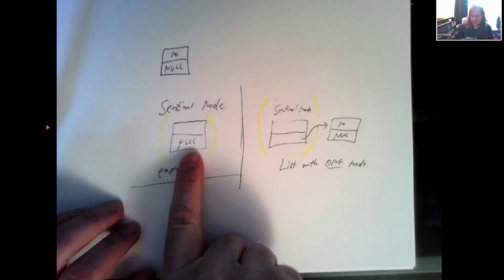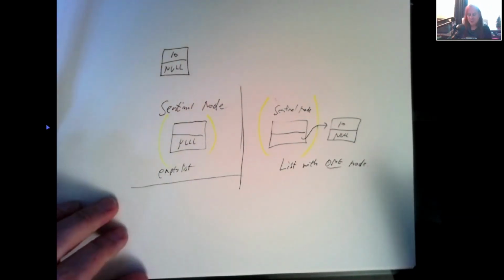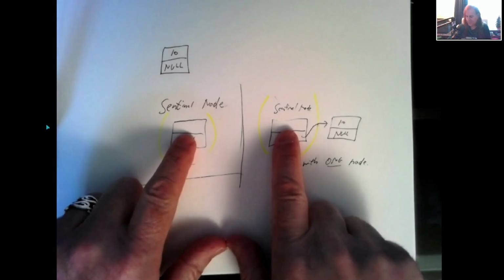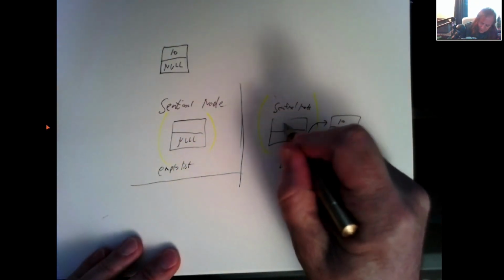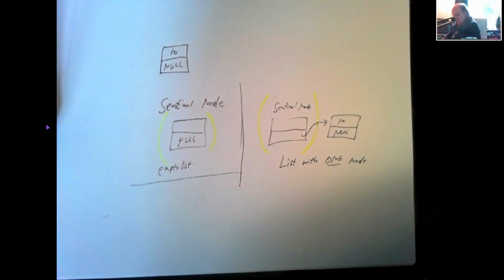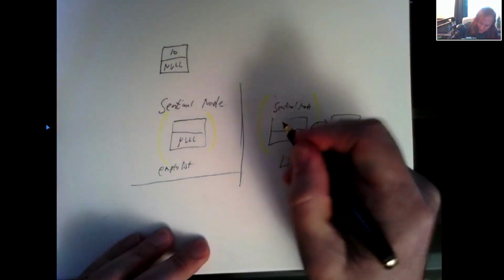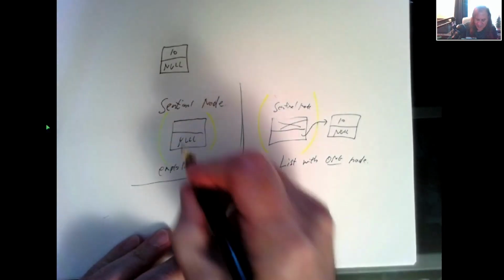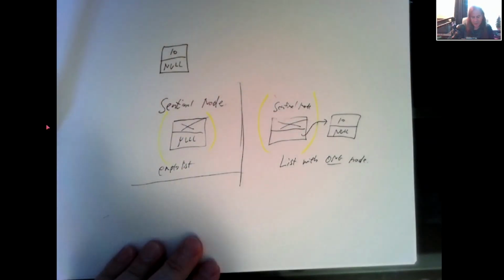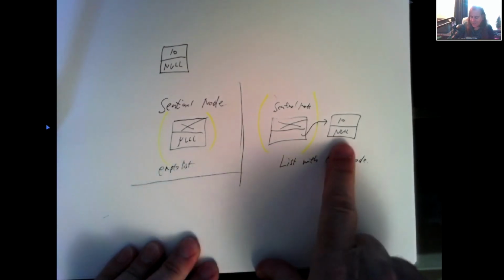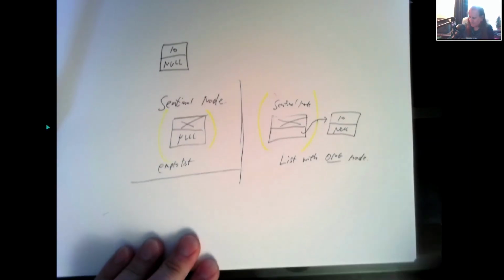But that node itself is not considered part of the list. In other words, this data field up here does not contain the first number in the list. So we don't really care what's in this data field at the top. We might put a special value in there so we recognize it, but we really don't care what's in there. The only thing the sentinel node does is point to the first node of the list.